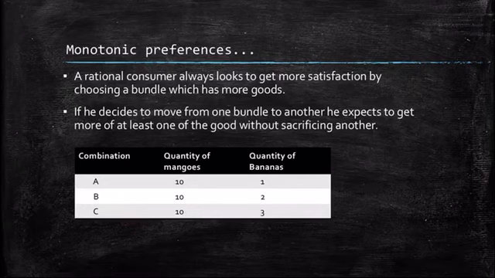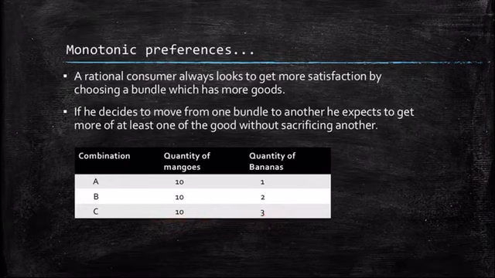In this particular example, all the combinations are providing 10 units of mangoes, but combination C is providing him 3 units of bananas, making him get more satisfaction from combination C. So, without doubt, the consumer is going to choose combination C by expecting a higher level of satisfaction.